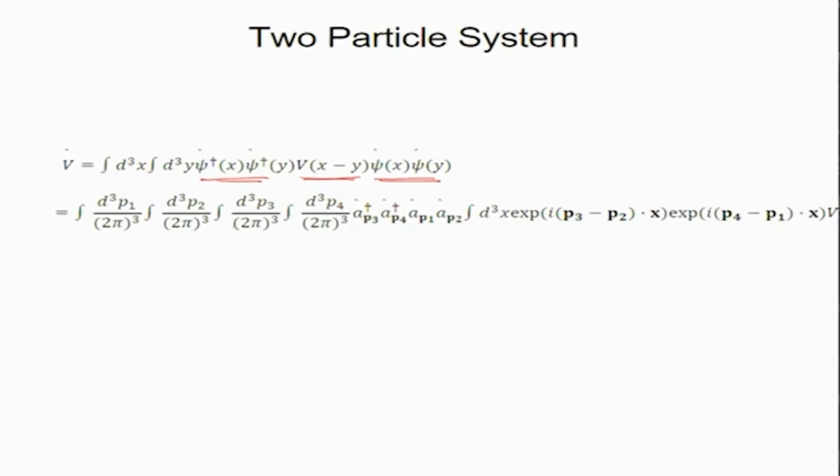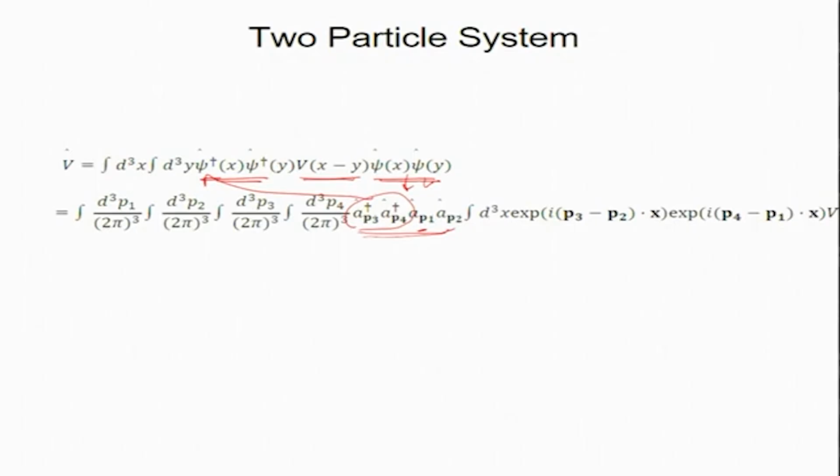So, there are 4 operators. V is not an operator, V is a function. So, 4 operators P1, P2, P3, P4, and these are the 4 wave number operators in wave number space. These 2 correspond to these and the creation operators correspond to these. So, P3, P4 are the outgoing momenta and P1, P2 are the incoming momenta.